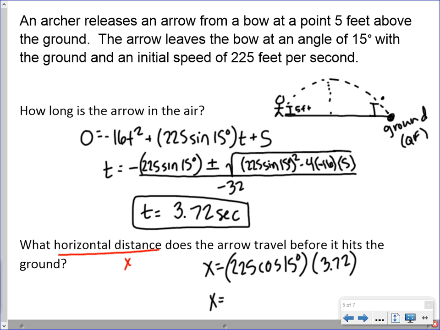And I think that comes out to 808. Did you do cosine or sine? Oh, yes. Okay. If you're doing horizontal, it should be cosine.